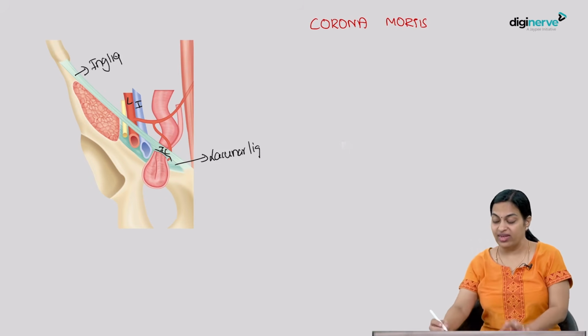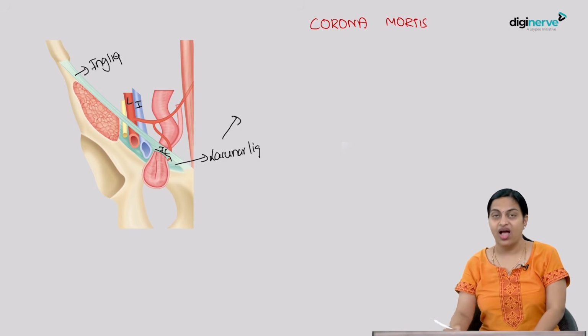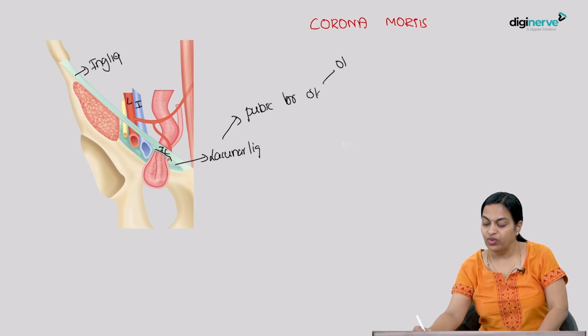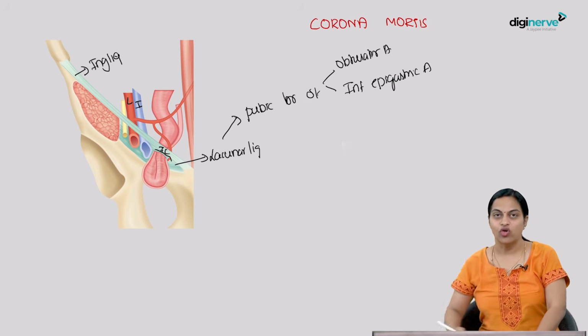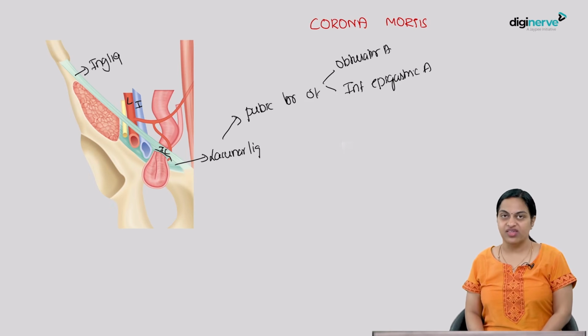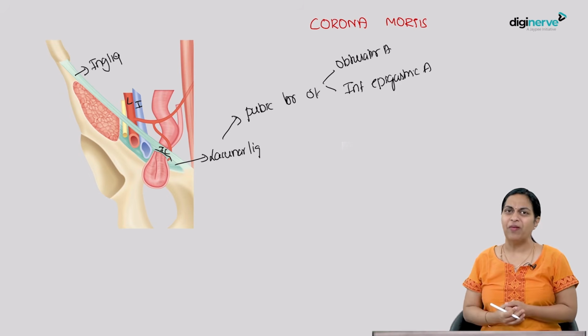In the lacunar ligament, there is an anastomosis between the pubic branch of the obturator artery and the pubic branch of the inferior epigastric artery. A chocolate question, can any one of you tell me, this inferior epigastric artery is a branch coming from, yes, the external iliac artery.